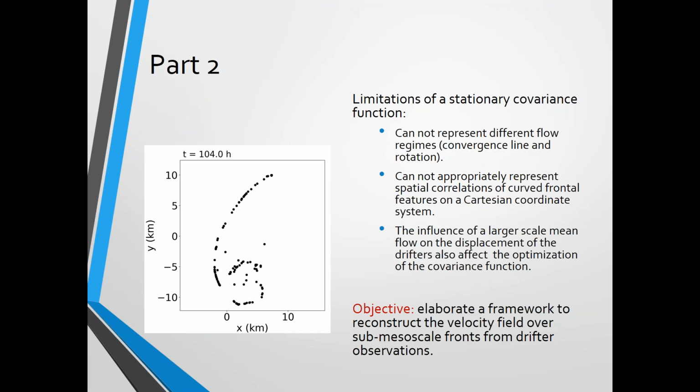So the objective of this part is to elaborate a framework to reconstruct the velocity field over a submesoscale feature from these observations. And there is also another aspect of this. There are different regimes here. You see a convergence area here, and here is more rotation dominated. So there are two different regimes in this flow field, which makes it even harder for a stationary covariance function to do a good job.